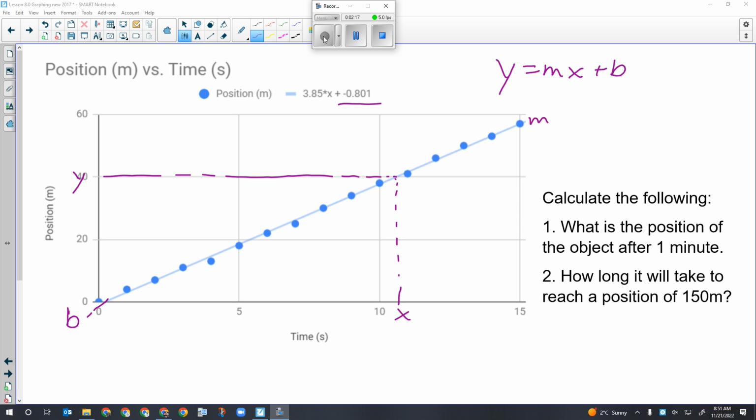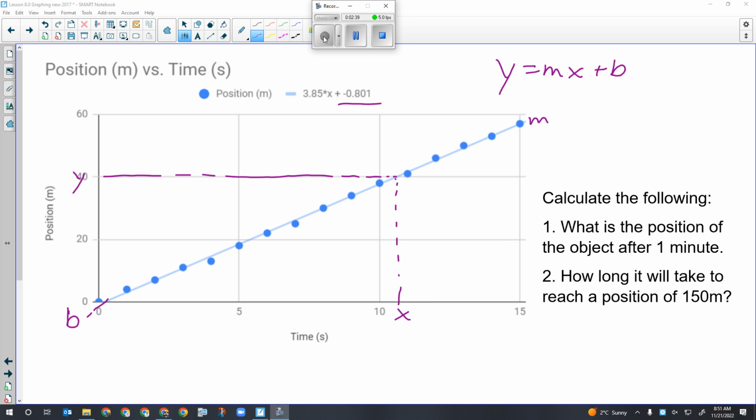Anytime we're doing a calculation with a linear graph, this is a linear graph because it makes a best fit line that is straight, not curved or doing something weird. So it's a straight line, that means a linear function. If I want to do any calculations with that, I'm going to use the equation for the line.